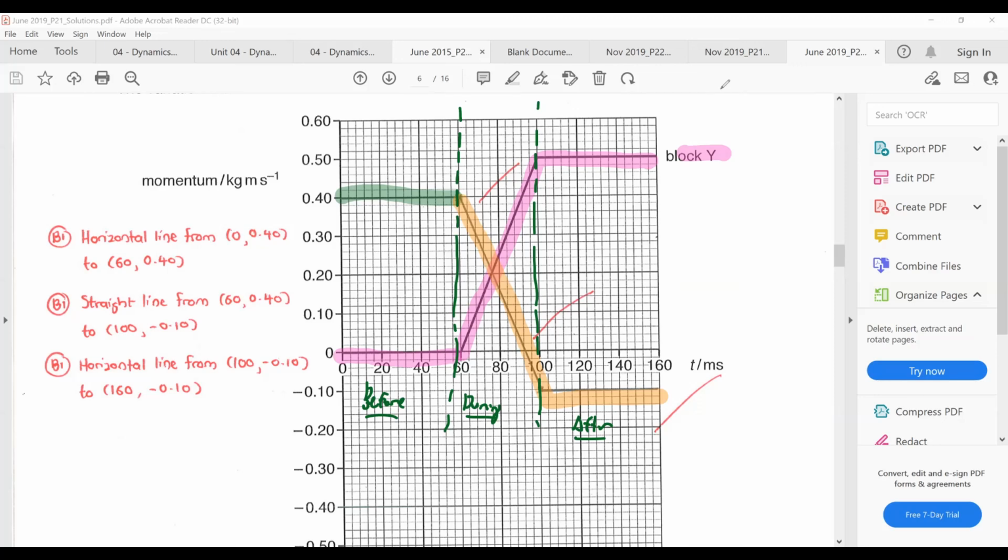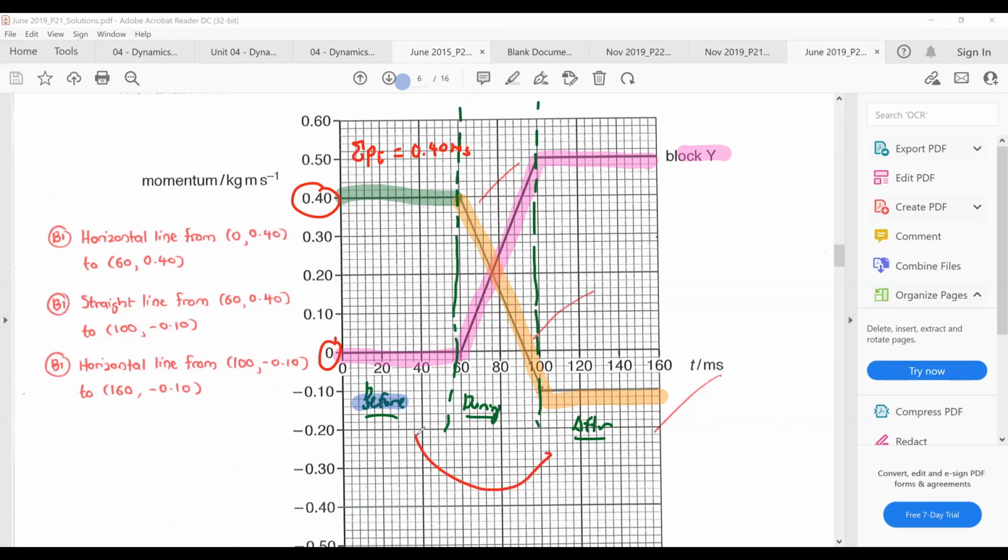Now, specifically, let's look at the part before collision. What is the total initial momentum? It's just 0 plus 0.4, so it's going to be 0.40 newton second only.